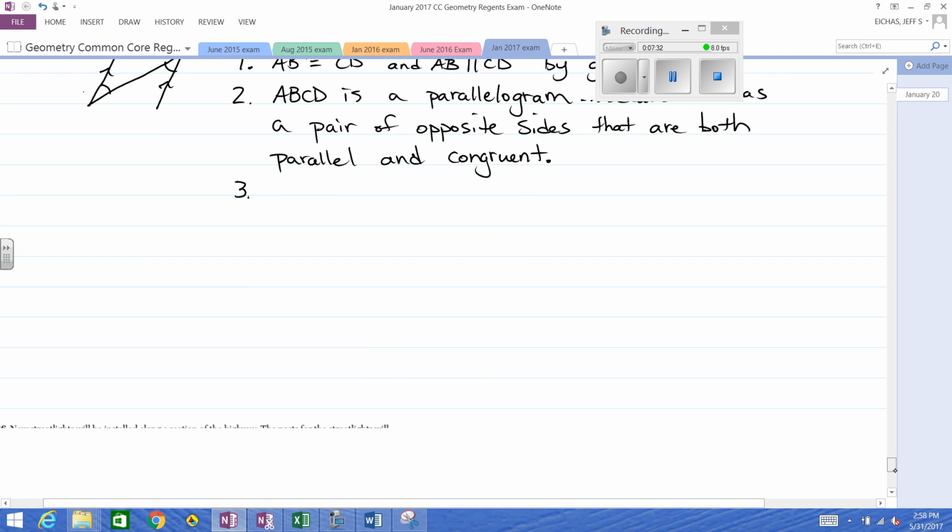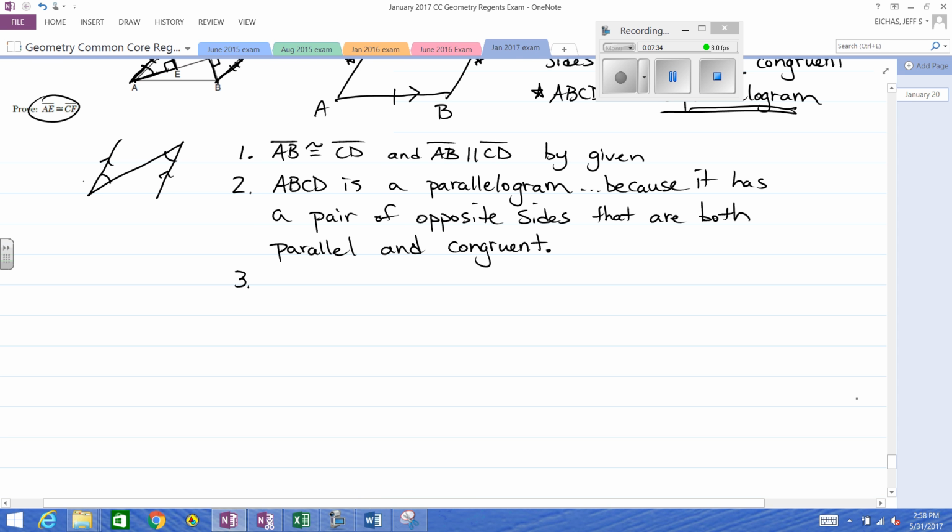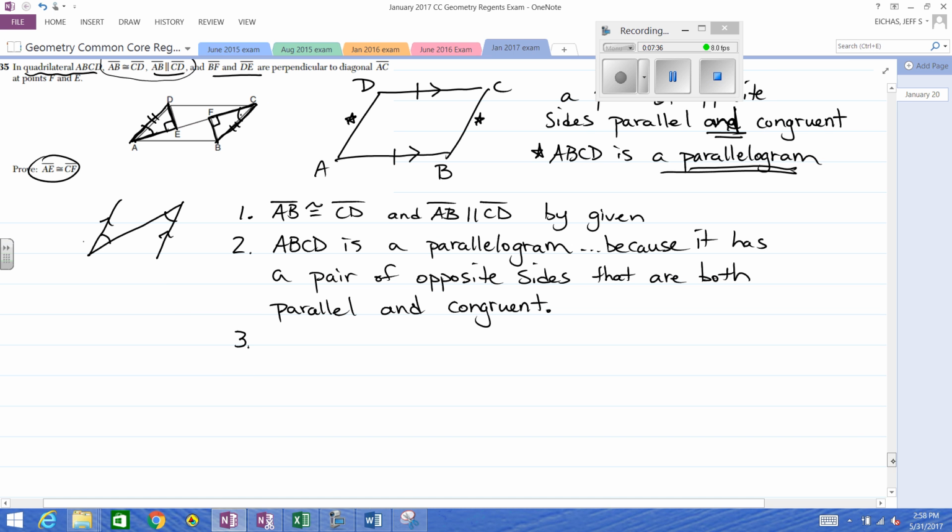Now, as a conclusion from that, I get that AD is parallel to BC, and I'm going to do this at the same time. AD is congruent to BC. I know this seems a little redundant, but we do have to specify it, because this is going to get us our pair of sides.